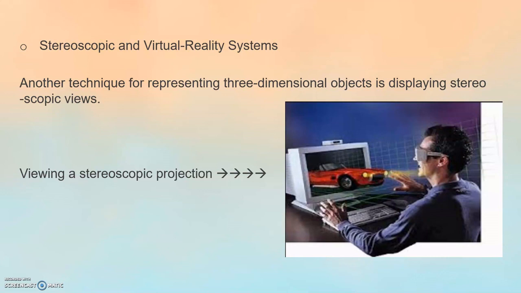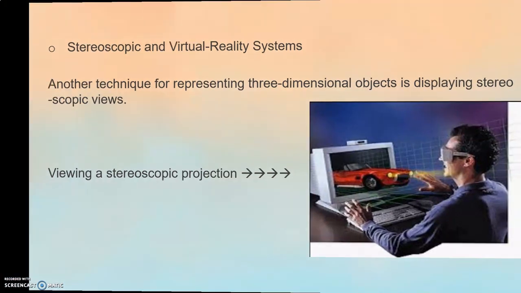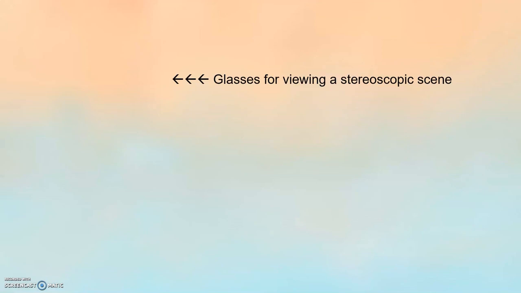The person in the image, who is seeing a 3D object, is wearing glasses. So the screen is viewed through glasses with each lens designed to act as a rapidly alternating shutter that is synchronized to block out one of the views. This is the glasses for viewing a stereoscopic scene.